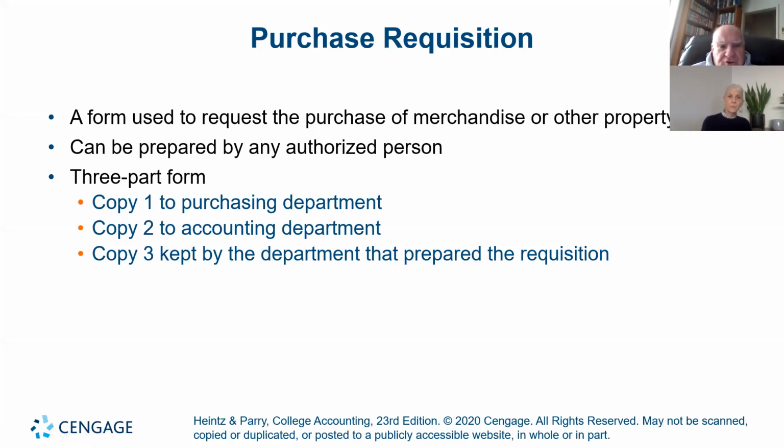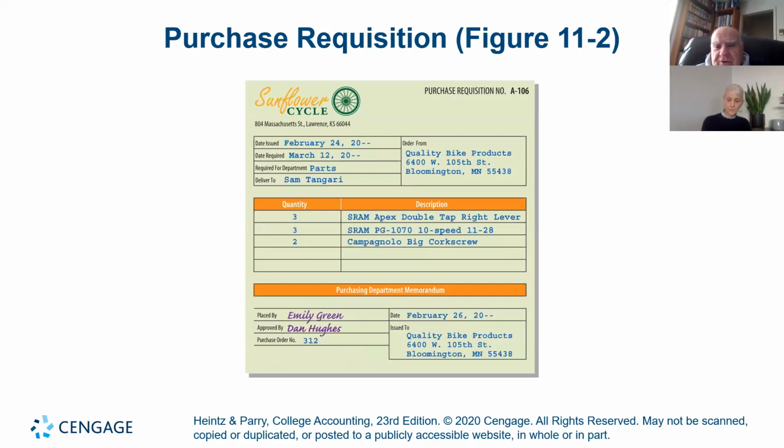The purchase requisition is not a contract or anything. It's just a request to buy something. Nowadays, a purchase requisition could be an email. You don't really need a super form, but this is what it used to look like, huh? You familiar with purchase requisitions, Lori? I am.